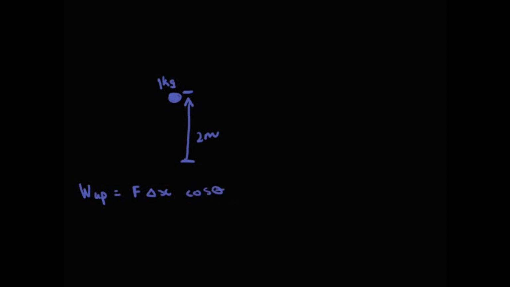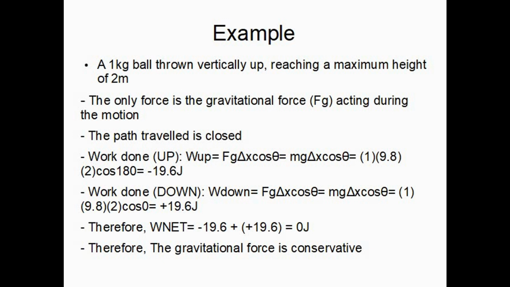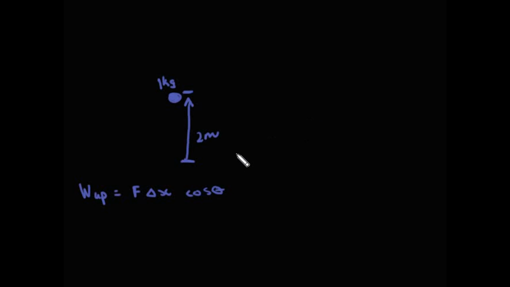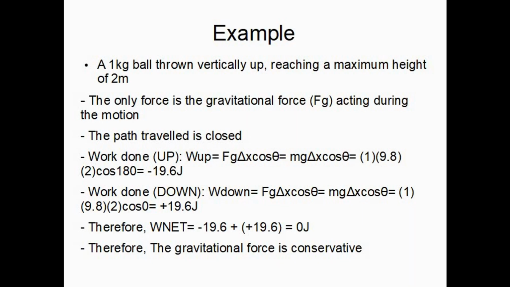The only force acting on the ball right now is the gravitational force, so we denote F as Fg, which is equal to mg, times delta x, times cos theta. Then we substitute: 1 kilogram multiplied by 9.8 multiplied by 2 times cos 180, because the gravitational force is downwards and the ball was thrown upwards.